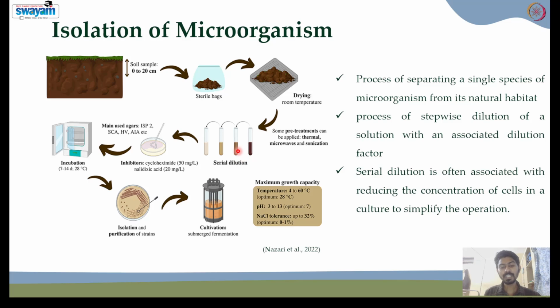That is, we have diluted 10 times from the already diluted one. As the dilution proceeds, the concentration of the cells decreases. Normally they will go up to 10 to the power of minus 6 to 8 to get single pure colonies, and it also depends upon the samples that we consider. After diluting the sample, we will take the last one and plate it on an appropriate nutrient agar or any specified agar.